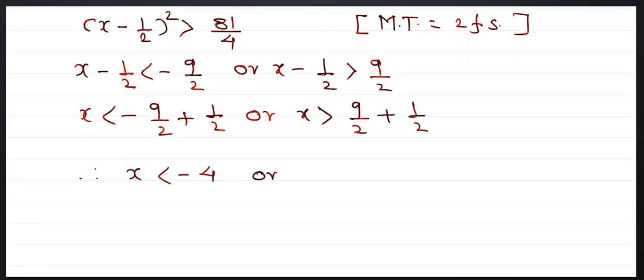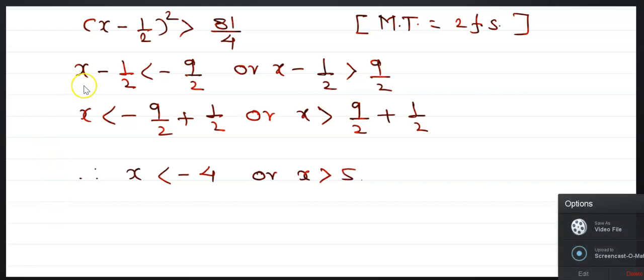Now add on both sides 1 upon 2. That is x less than minus 9 by 2 plus 1 upon 2, or x is greater than 9 by 2 plus 1 upon 2.